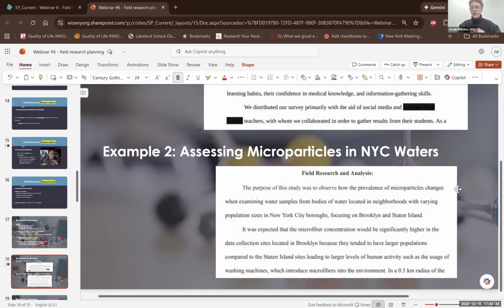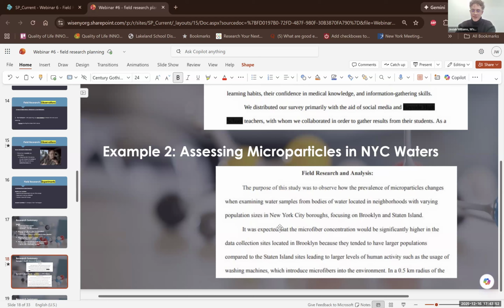So they start with the purpose. They start with the why. Here's why we're doing this, because we want to see if the amount of microparticles changes based on the neighborhood you live in, right?